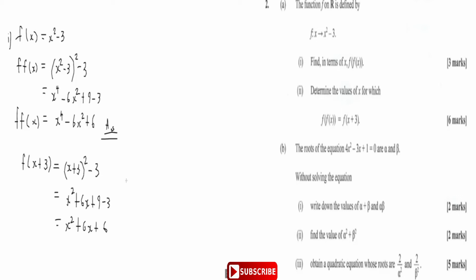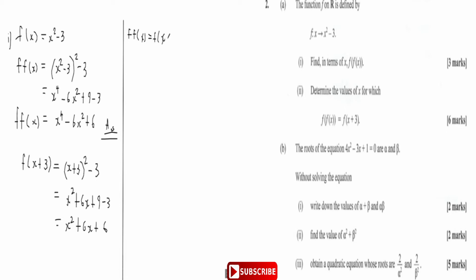So boiling up this question, we have solving f of f of x equal to f of x plus 3, which is too nice and easy.